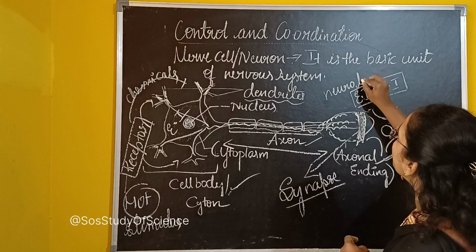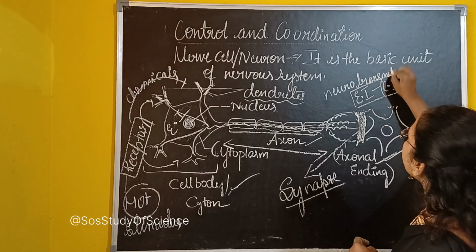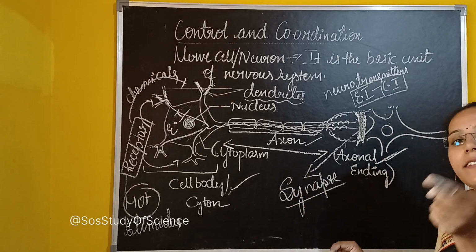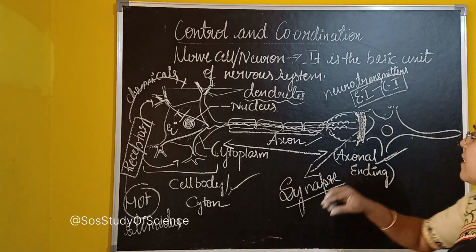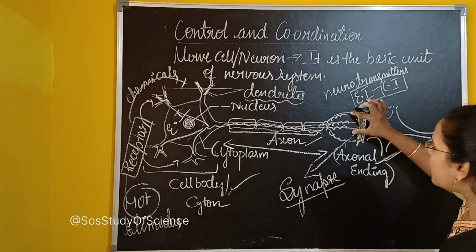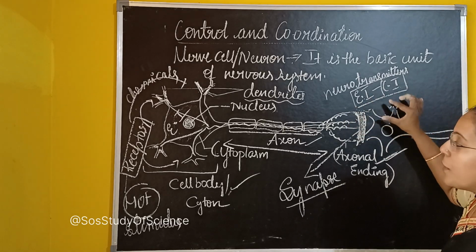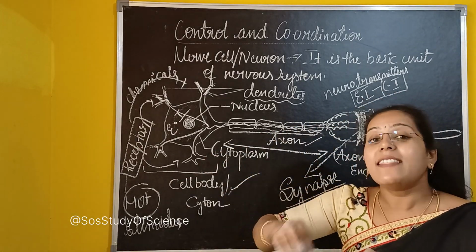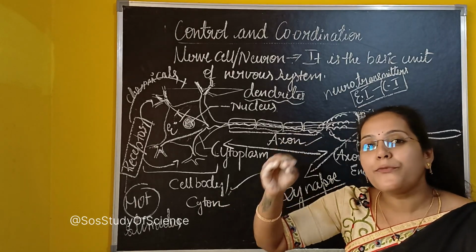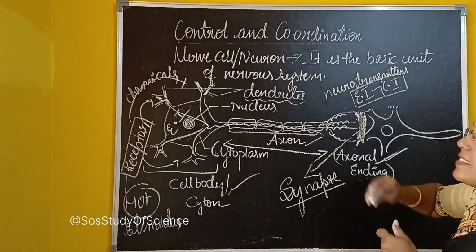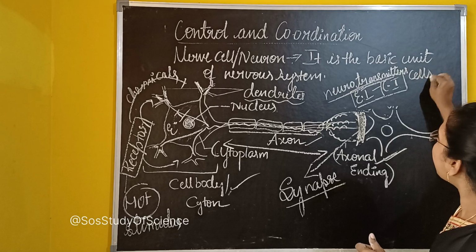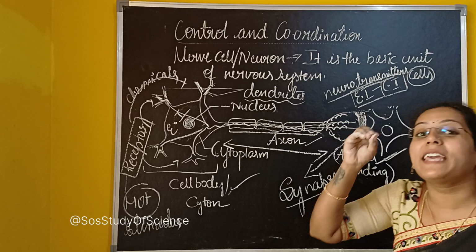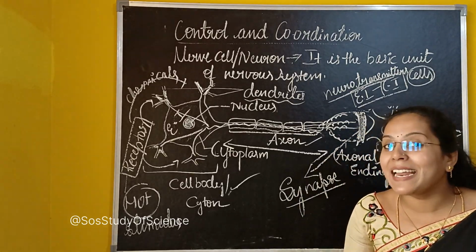What are neurotransmitters? They carry the information from the axonal ending towards the dendrite in the form of chemicals. I hope I am very clear with you.